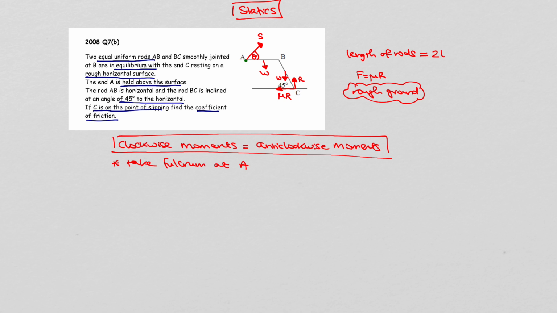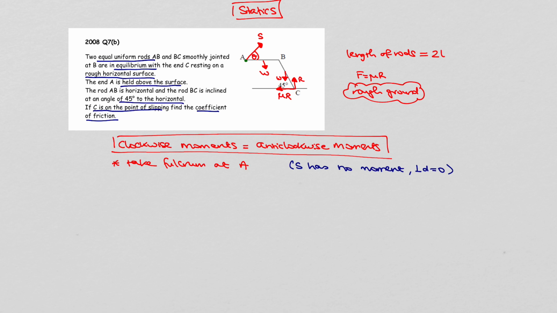By taking my fulcrum at A, that's going to eliminate the force S, because the perpendicular distance will be 0. Okay, so now I need to work out, well, what's going to be my clockwise and what's going to be my anticlockwise moments.